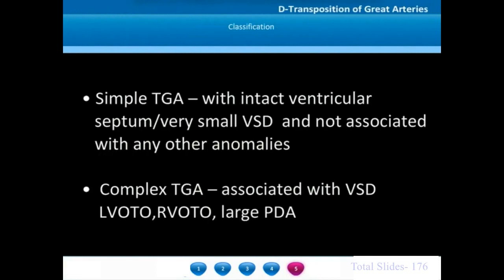Transposition is classified as simple transposition of great arteries if it is associated with either intact ventricular septum or a very small restrictive ventricular septal defect. It is referred to as complex transposition of great arteries if it is associated with large ventricular septal defect, right or left ventricular outflow tract obstructions, or large PDA and arch obstructions.